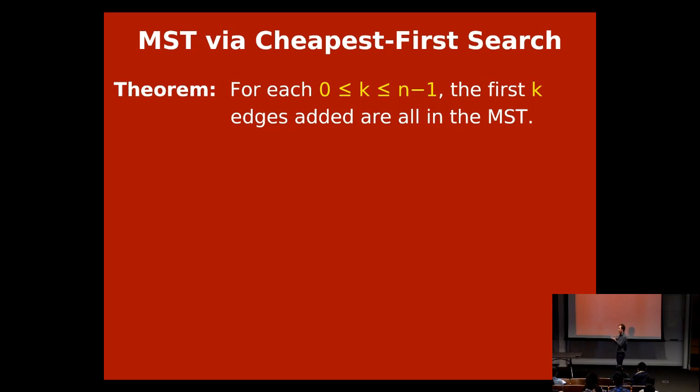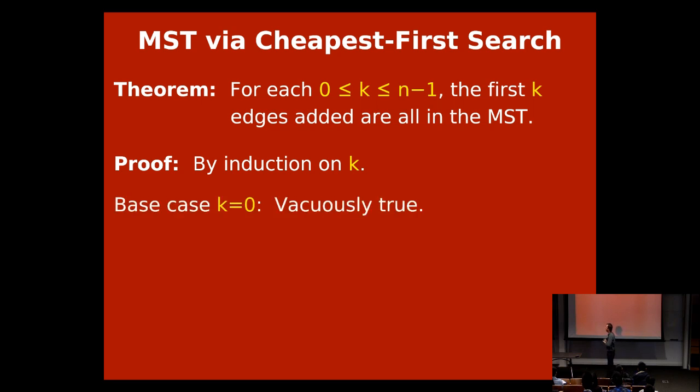So the final thing we find, all of the edges are in the minimum spanning tree. Okay, so it's going to be an induction. The base case is k equals 0. You want to claim that once 0 edges have been added by the algorithm, all 0 of those edges are in the minimum spanning tree. Well, it's a vacuous statement. There are no edges to talk about, so that's true.